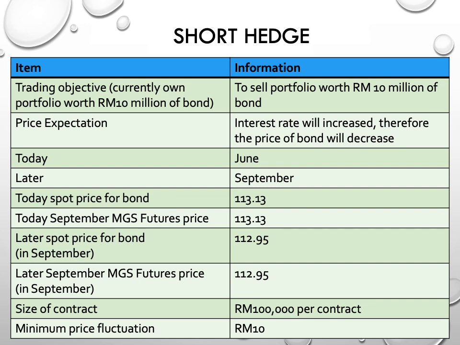It is important for you to identify the month for your future transaction in spot market. Then you have spot and futures price today, and spot and futures price later. Size of contract, you need to remember this figure, 100,000 per contract for FMG, and minimum price fluctuation for FMG is 10 ringgit per contract.